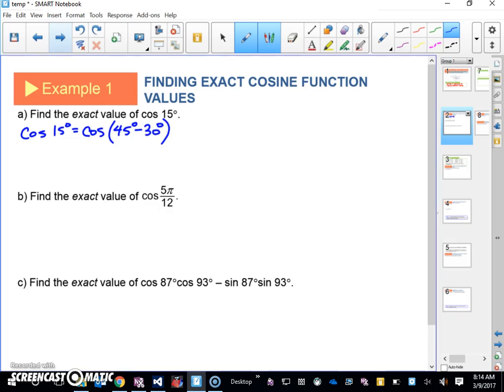Cosine 15 degrees equals cosine of 45 minus 30. Certainly you know that that's true.